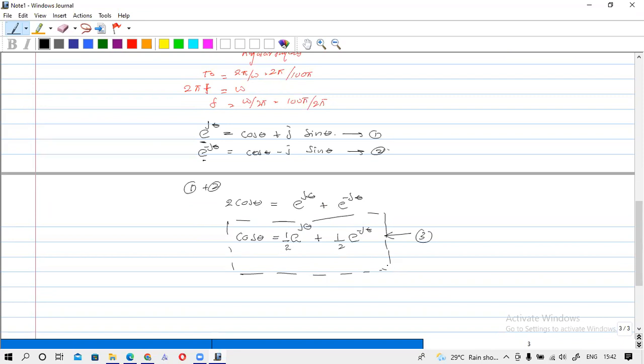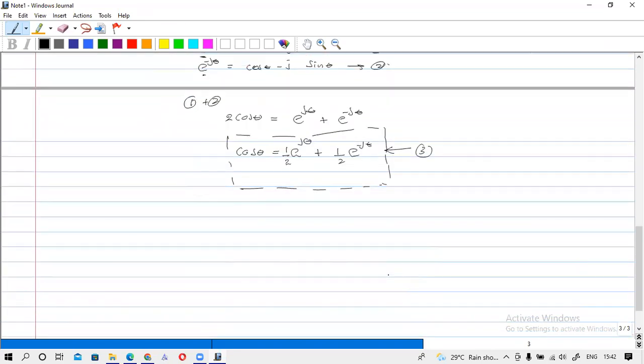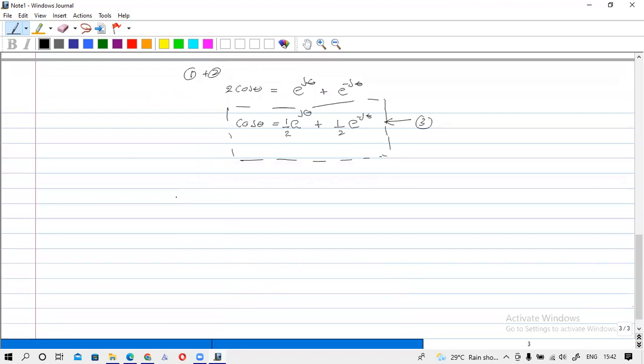Now if I write this signal, x(t) is cos(105t plus 5 by 2).